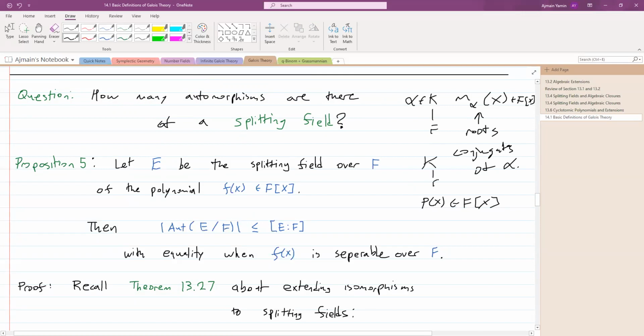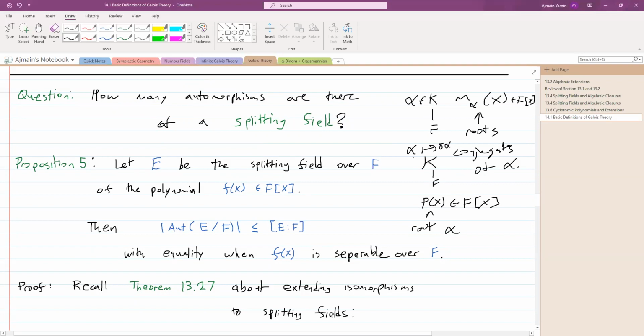It's an extension of F. And so if you have a root alpha of p of x, then any automorphism of the splitting field has to send alpha to another root of the same polynomial p of x, because automorphisms preserve field operations.